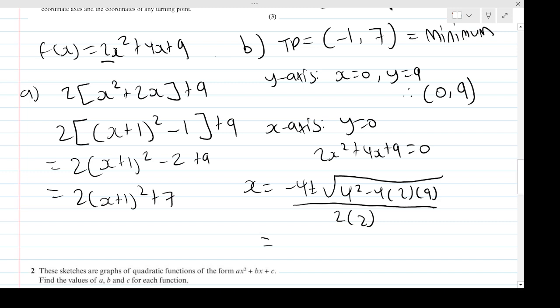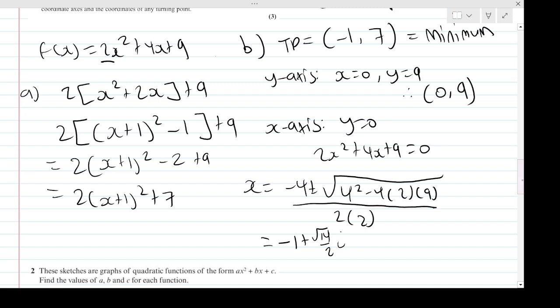Hopefully what you spot here is it's the same sort of issue as last time. If I were to put this in a calculator, I again get this i business. I get minus 1 plus root 14 over 2i and then another one. But it's i again. Why am I getting i?